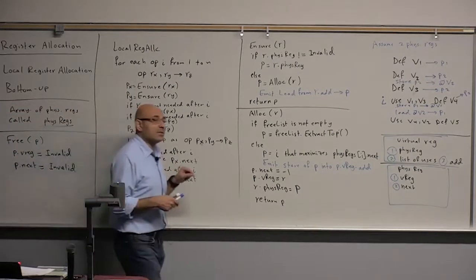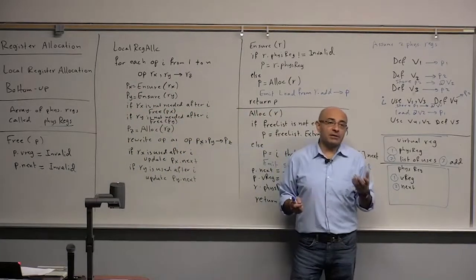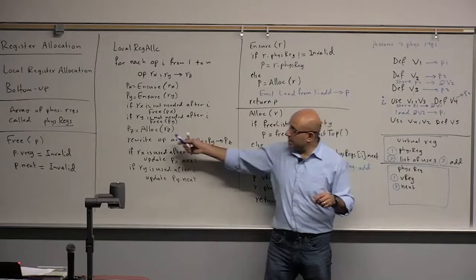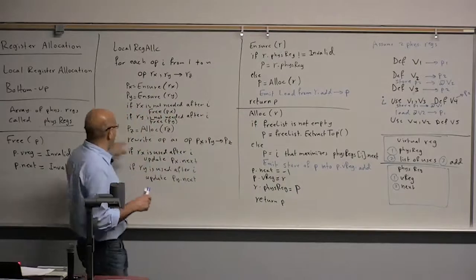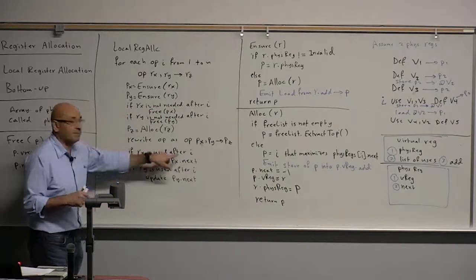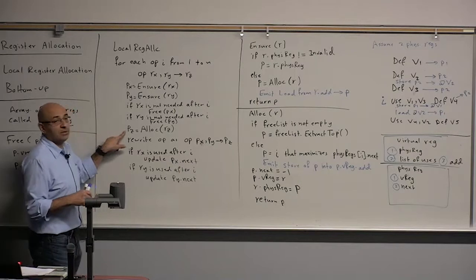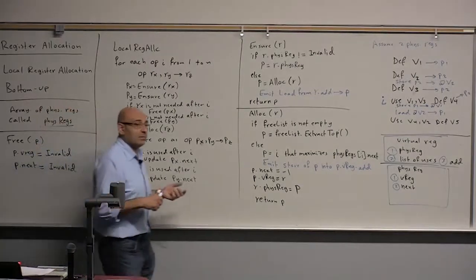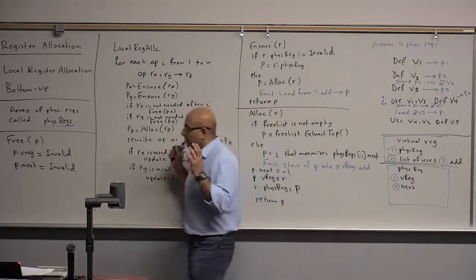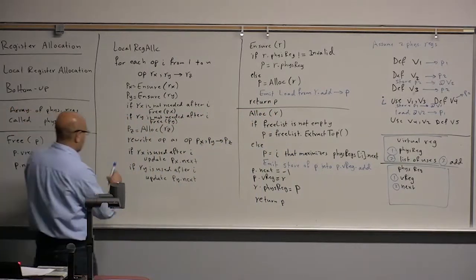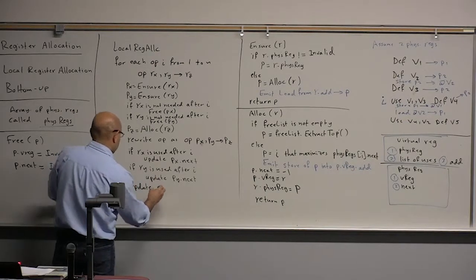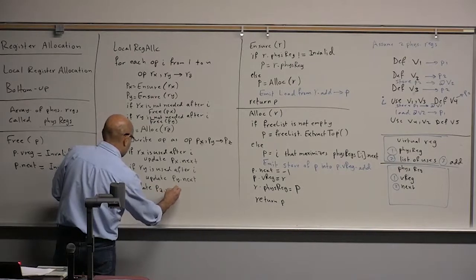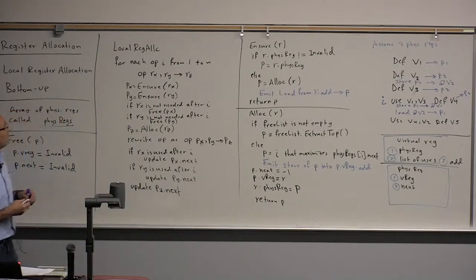If it doesn't get used, the current instruction will be dead code. Remember, pz is the result of the current operation, and we will assume that pz will get used. So we will not need an if statement like this, because if pz is not used, the current instruction is dead code. So we assume it's not dead code, and we'll just update pz dot next. Okay, so this is the algorithm.